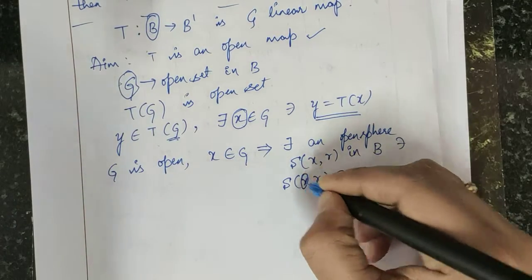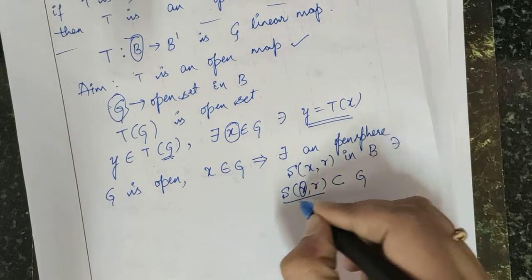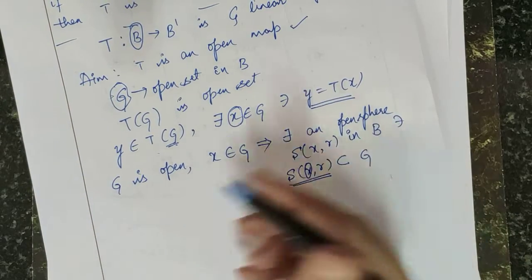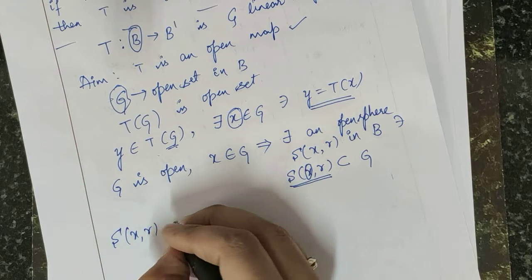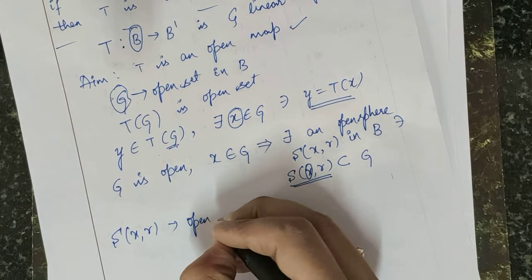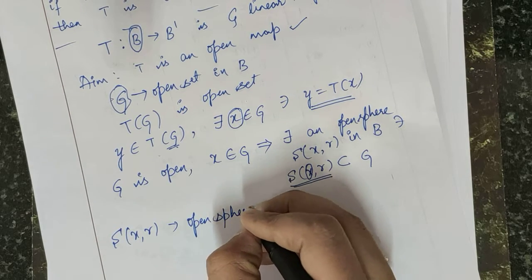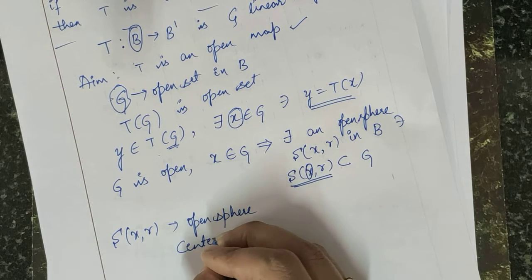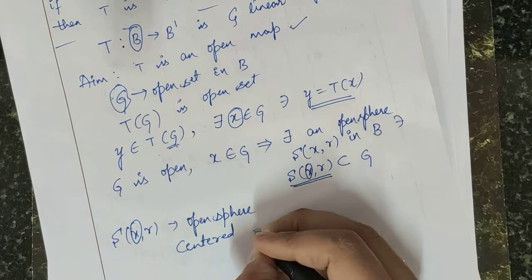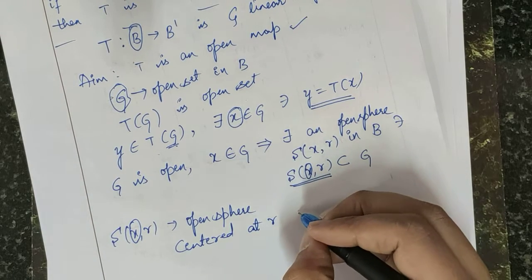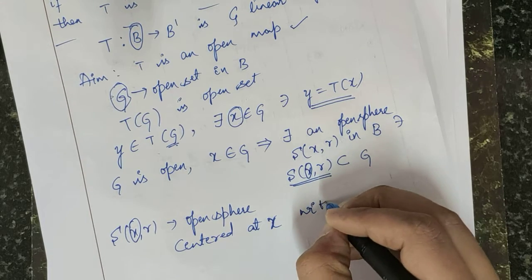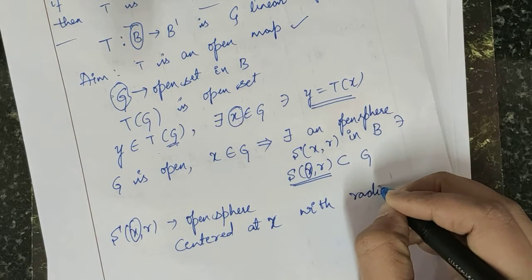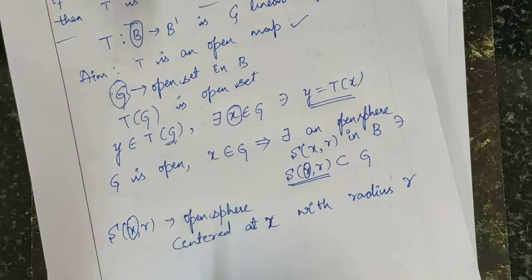S of x comma r is the open sphere centered at x with radius r. This is how we read it.